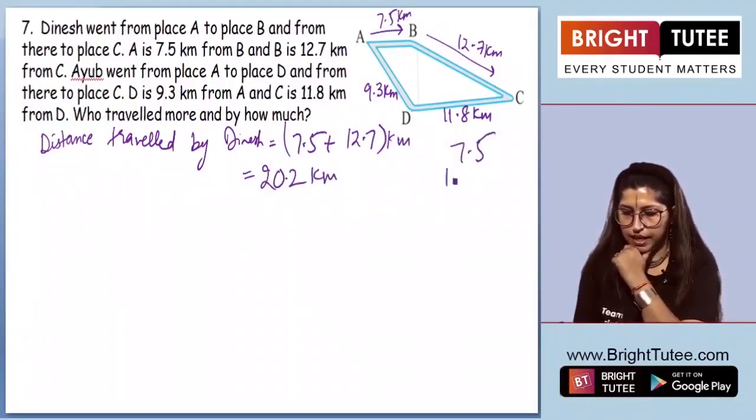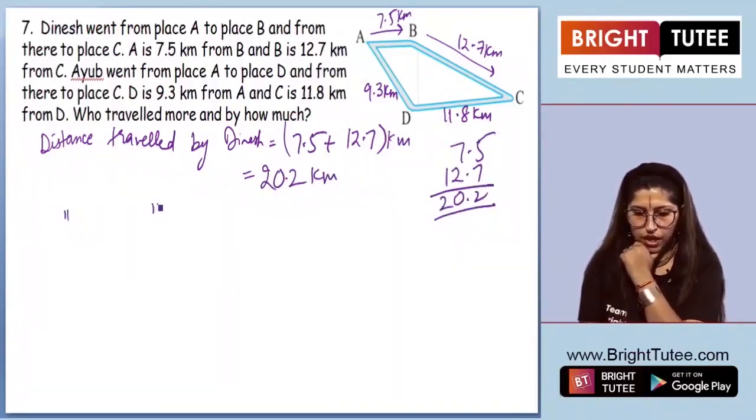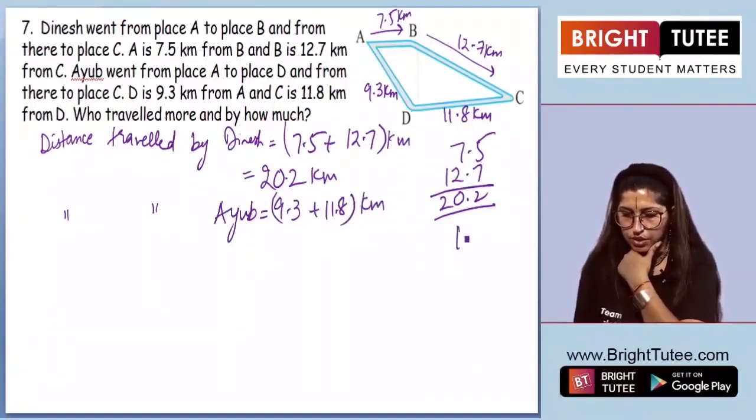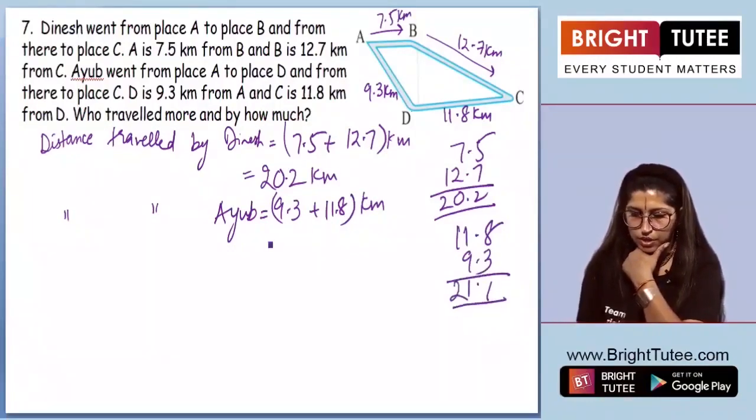We can add it like this. Now distance travelled by Ayub is 9.3 plus 11.8 kilometers. So we can write it down like this. That will be 21.1 kilometer.